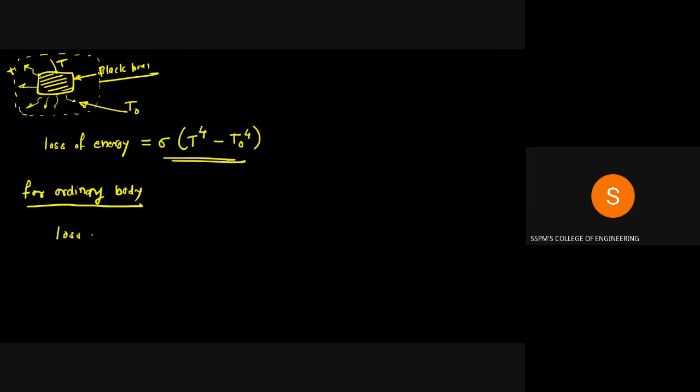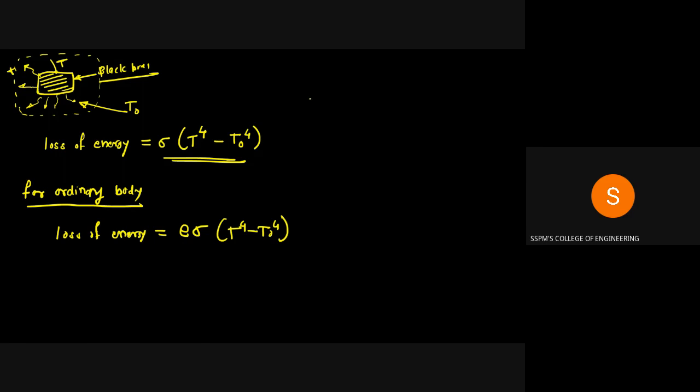Now this is for a perfectly black body. For an ordinary body, just multiply this equation by the emissivity. So the loss of energy is equal to E sigma times T raised to fourth minus T0 raised to fourth.